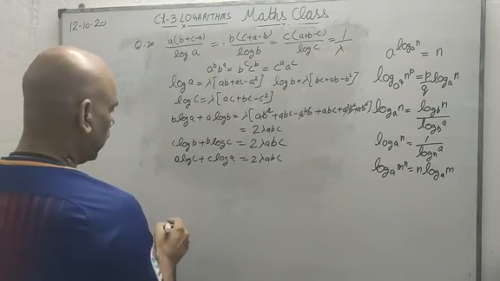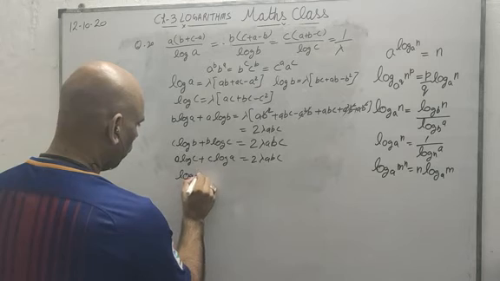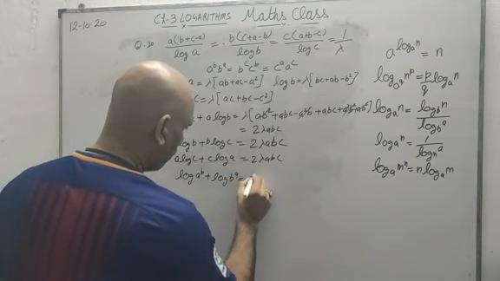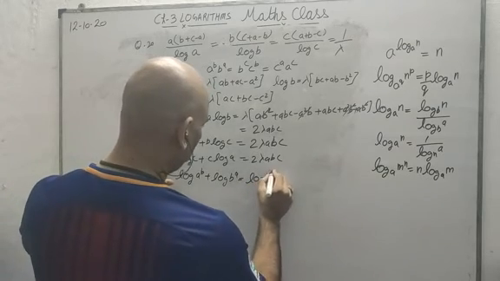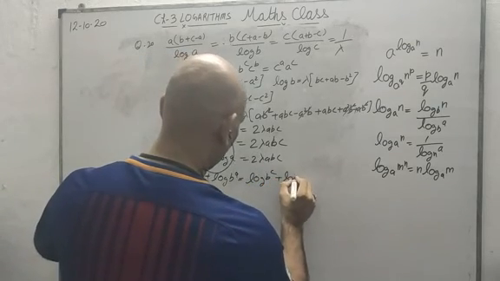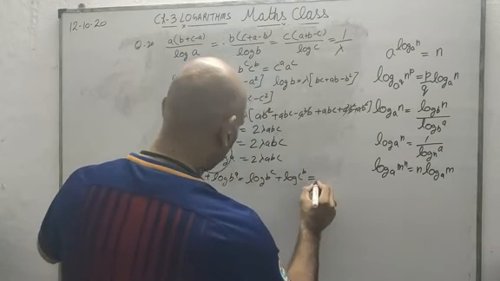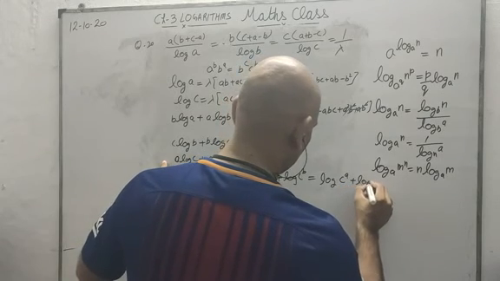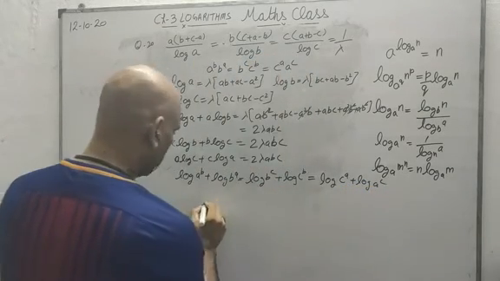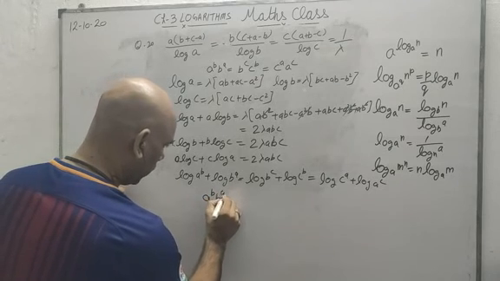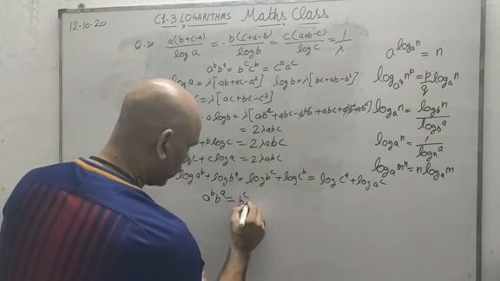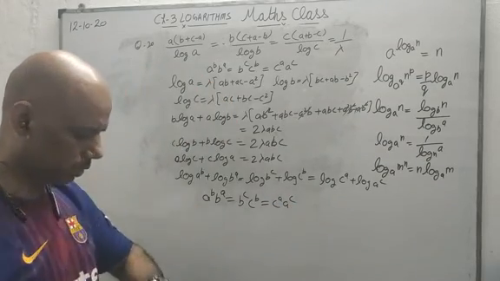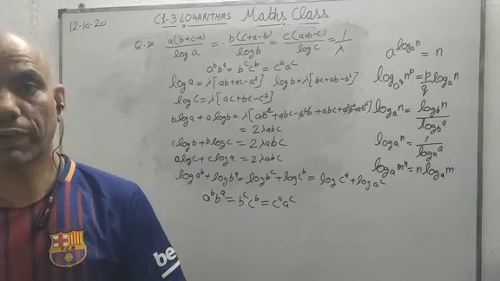So all three are equal, and then log A to the power B plus log B to the power A equals log B to the power C plus log C to the power B equals log C to the power A plus log A to the power C. In the end, I got a to the power b, b to the power a, b to the power c, c to the power b, and c to the power a, a to the power c. So this way, this exercise is complete.